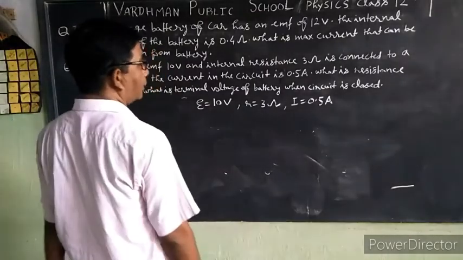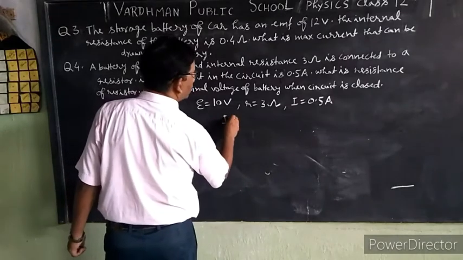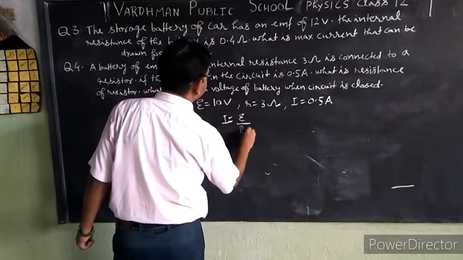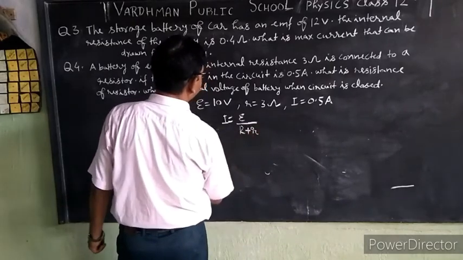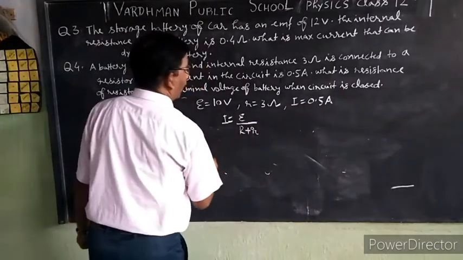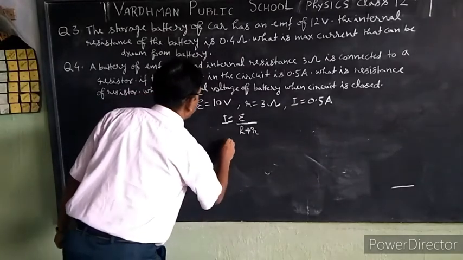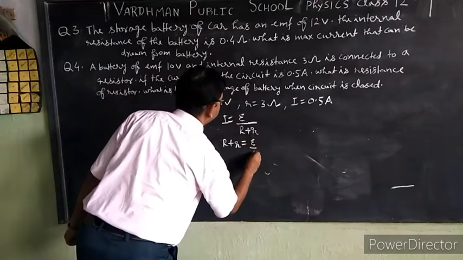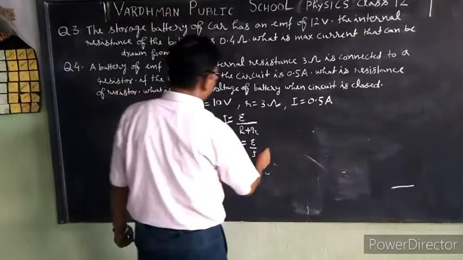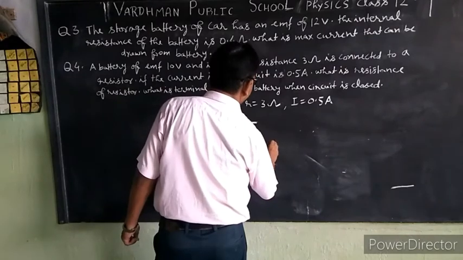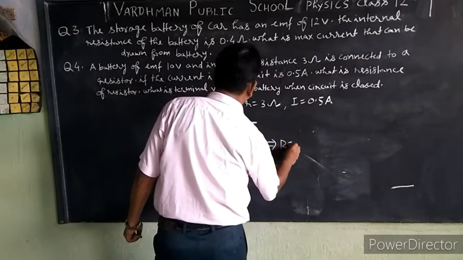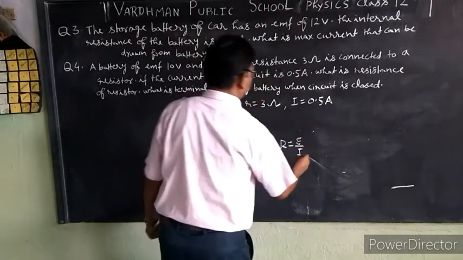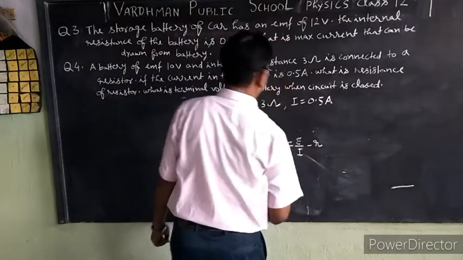Since we know that I is equal to E upon capital R plus small r, from this R plus small r is equal to E upon I. This implies capital R is equal to E upon I minus small r.